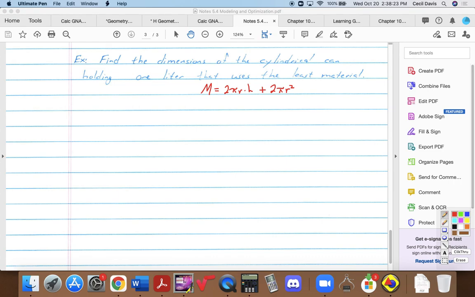We'd like to get this down to a single variable, and we're given the volume. It's 1 liter. Well, what is that in terms of cubic somethings?